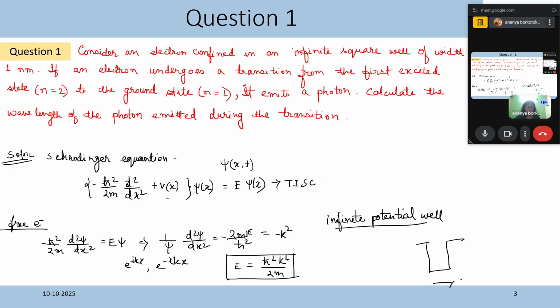Say this is my x direction. Potential in this region, in region 1 and 3, the potential is infinite, and the potential here is 0. Okay, and our electron is here, because it cannot move outside of this region because there is this infinite potential.